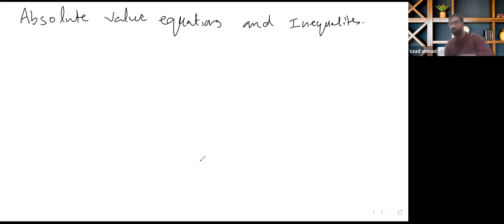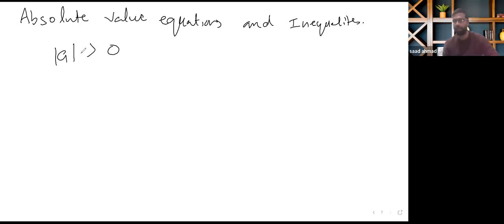So let's see what the absolute value means. The absolute value of something is always positive, or you can say the absolute value of A is always greater than or equal to 0.